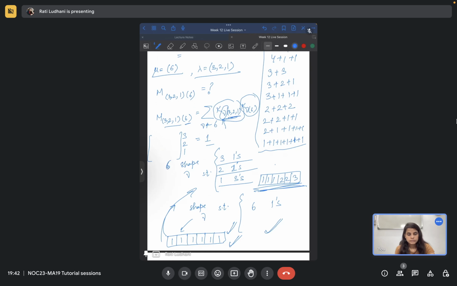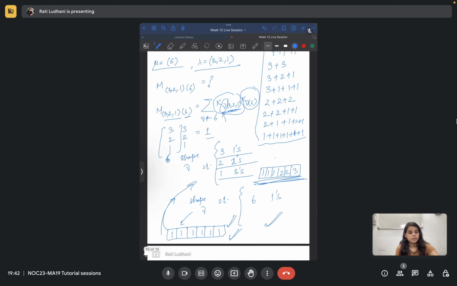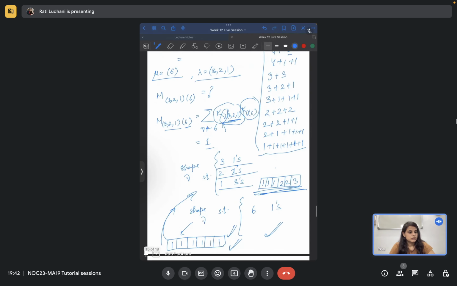There is just one column, so what we can do is just keep 3, 2, 1. So there is one option, and that is the only option. Both of these are fine as long as we can handle them.